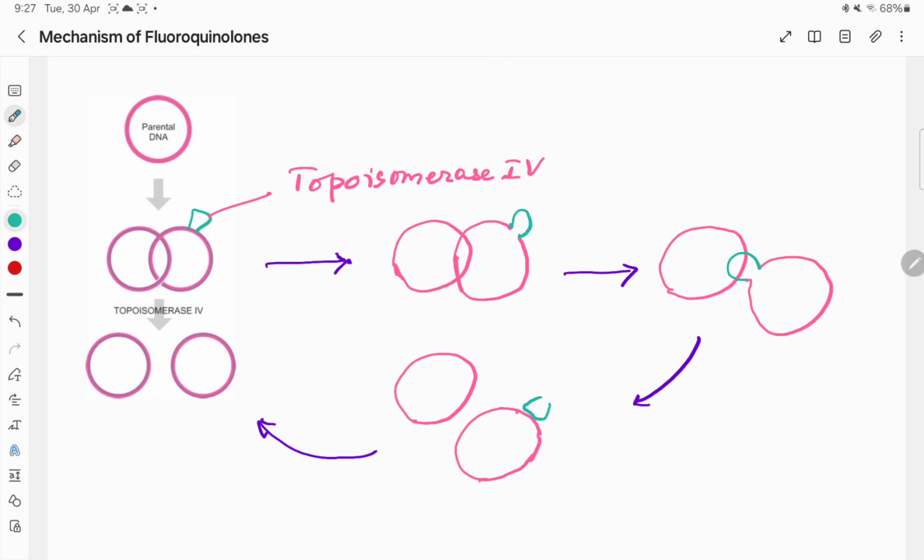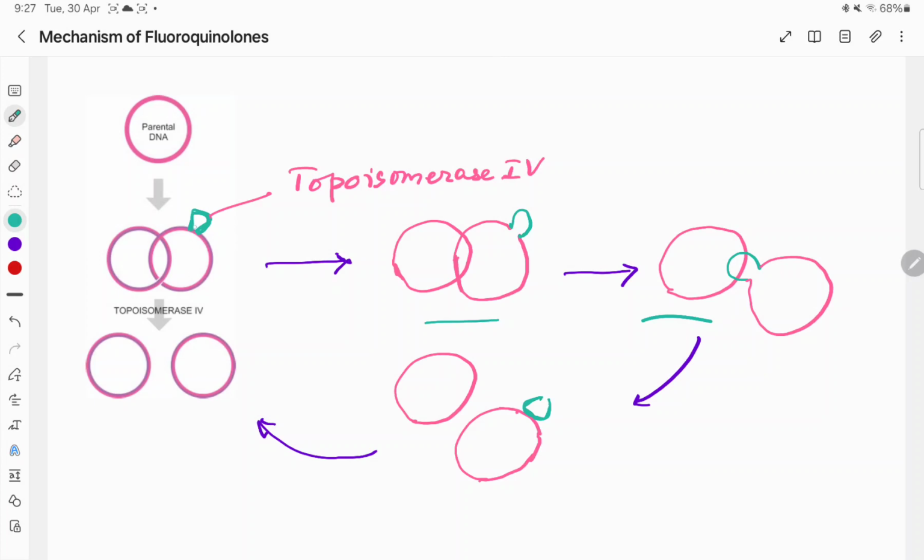Suppose this is the topoisomerase 4 enzyme; it will bind to one of the daughter DNAs, and then it will go like this, and these two will be separated and the enzyme is also released.